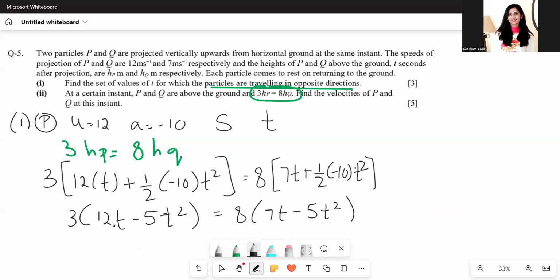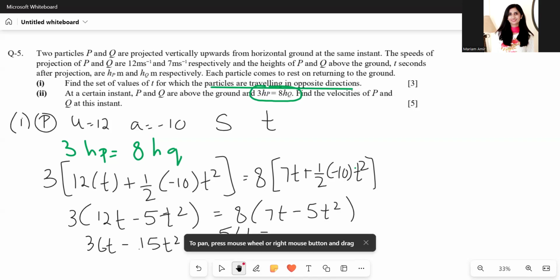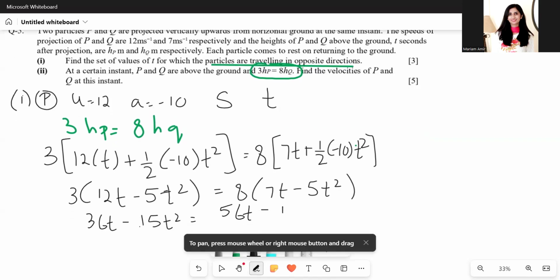So we get 36t - 15t squared equals 56t - 40t squared. Rearrange this.